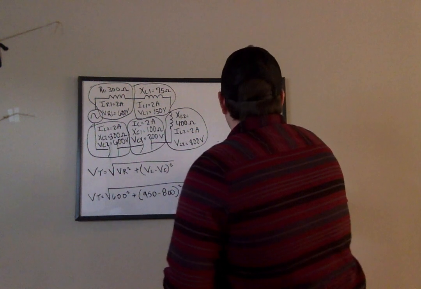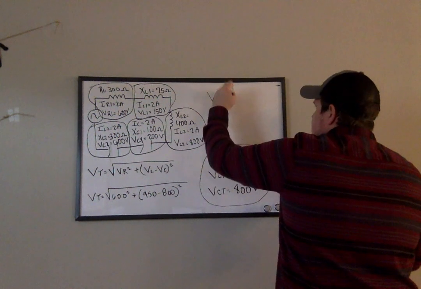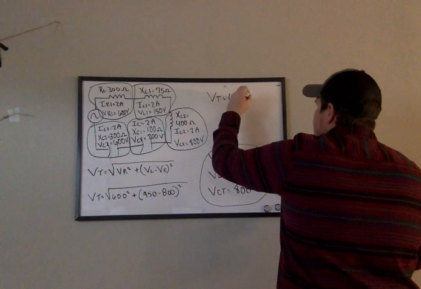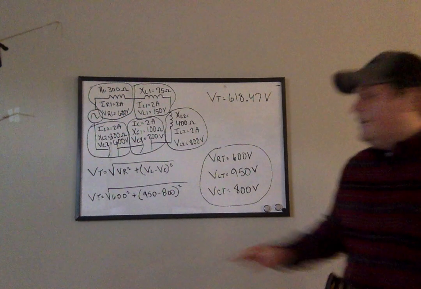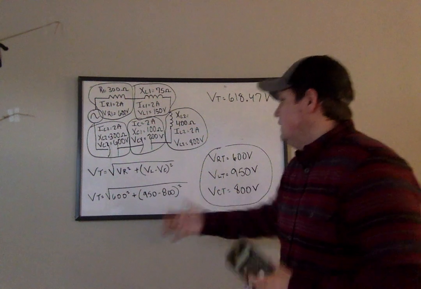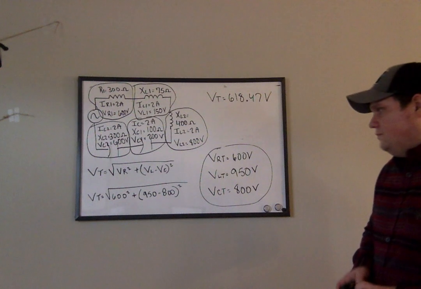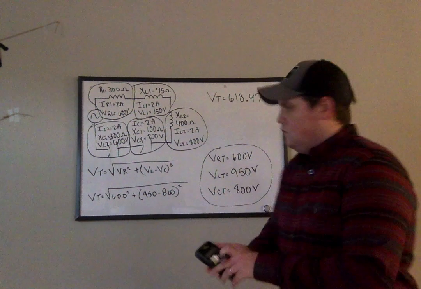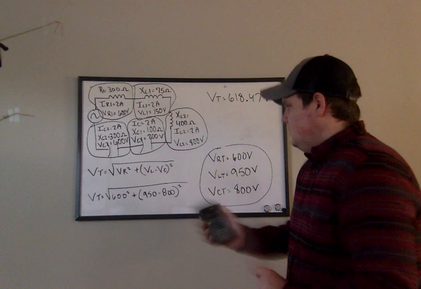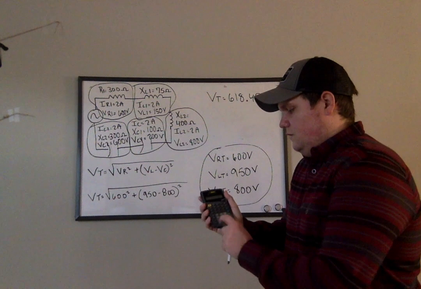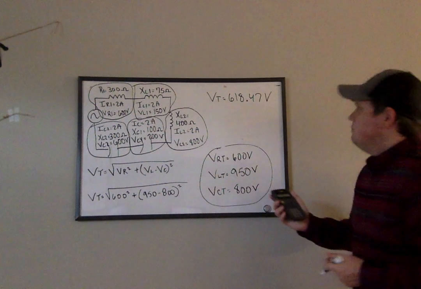So V total is equal to 618.47 volts. And again, you could do your subtraction in here if you wanted to. That is completely up to you. So you could do 600 squared plus, the difference between these two is 150 squared, equals, take the square root, and I get 618.47.